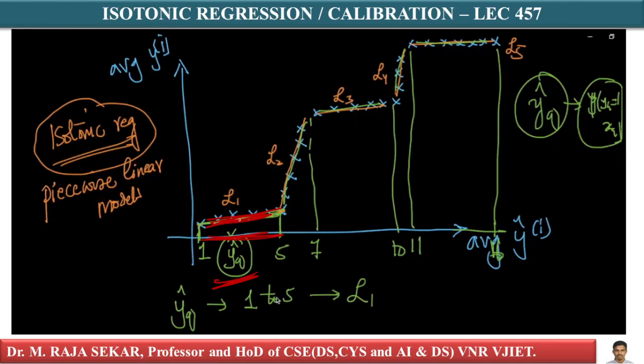This is like linear regression, where your input is one variable and output is also one variable. If Yq hat lies between 1 and 5, I will use line L1 to find the corresponding probability.